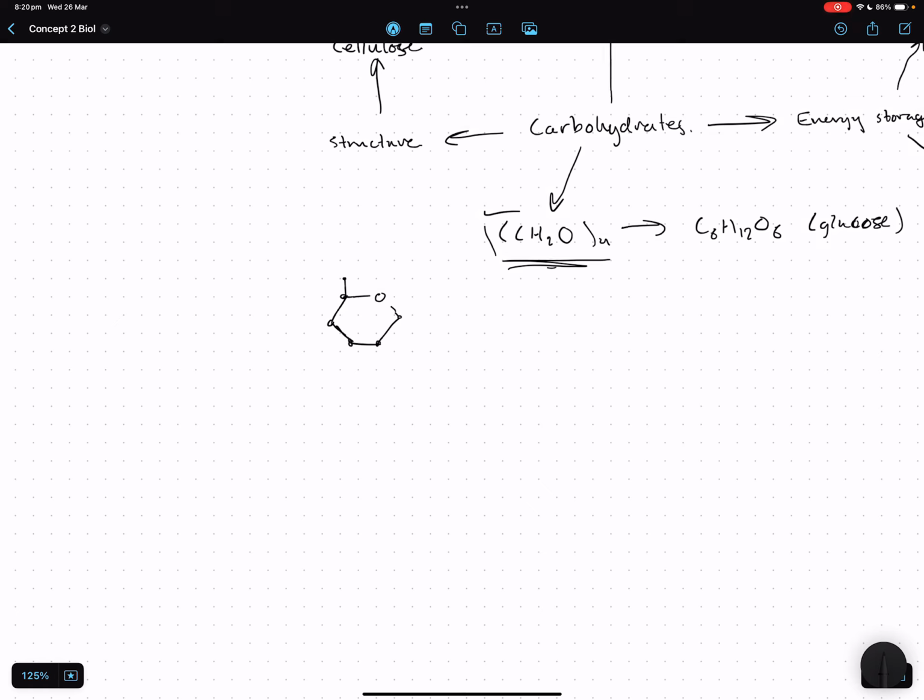And there are hydroxyl groups placed around. But this is an alpha glucose because of this position here. So this is carbon 1, this is carbon 6, this is carbon 4, those are the most important ones probably.